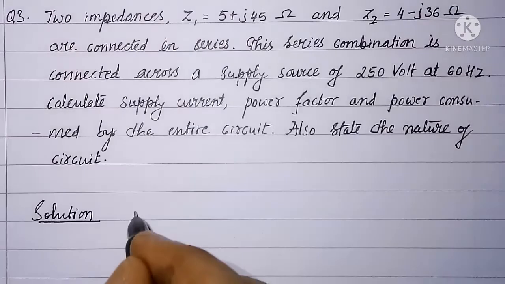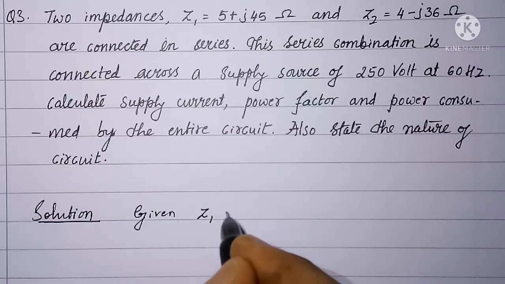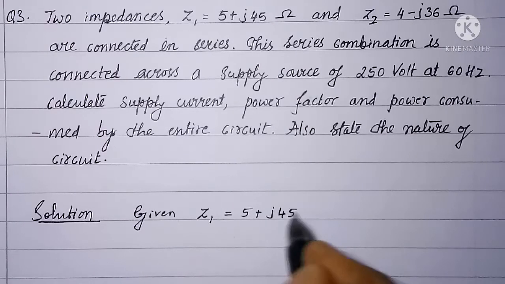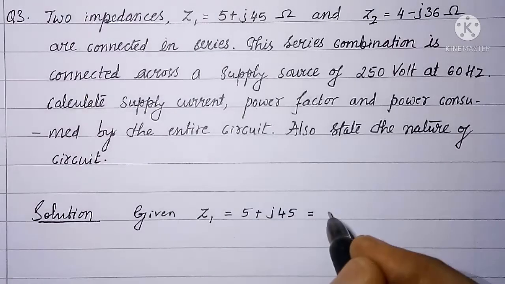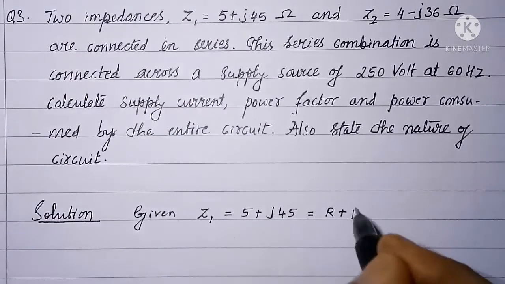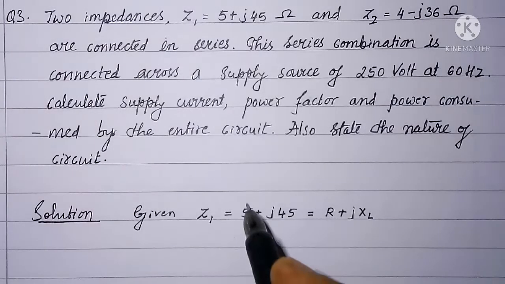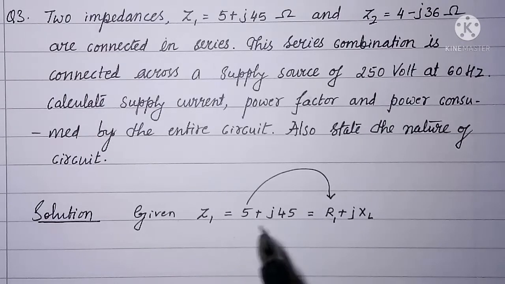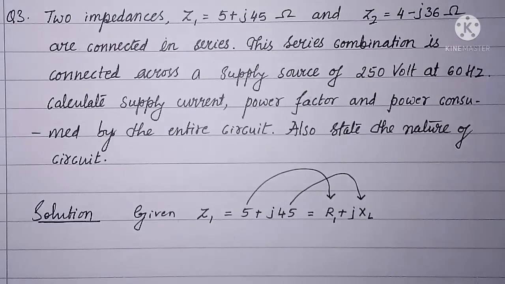Solution. Given Z1 equal to 5 plus J45 ohm and it is of the form R plus JXL. By comparison we get resistance R1 equal to 5 ohm and XL equal to 45 ohm.